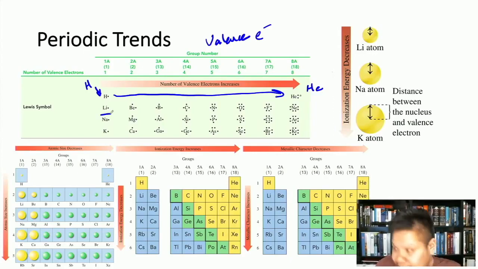Lithium has 1 valence electron. Beryllium has 2, boron has 3, carbon has 4, nitrogen has 5, oxygen has 6, fluorine has 7, and we already talked about neon, which has 8, the full octet.